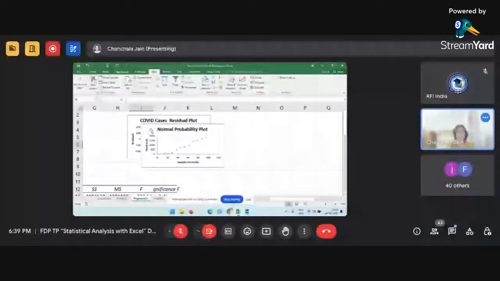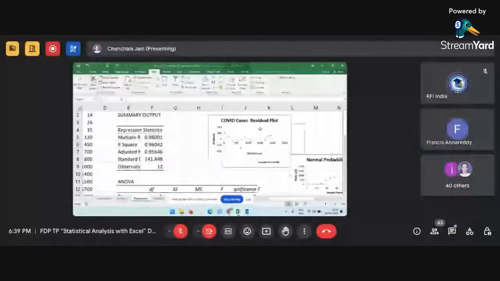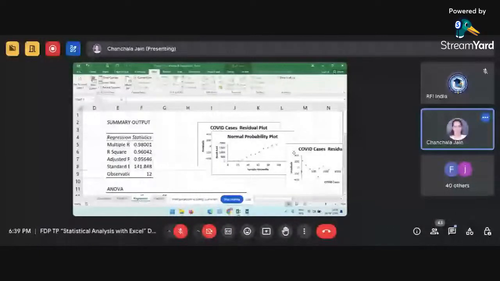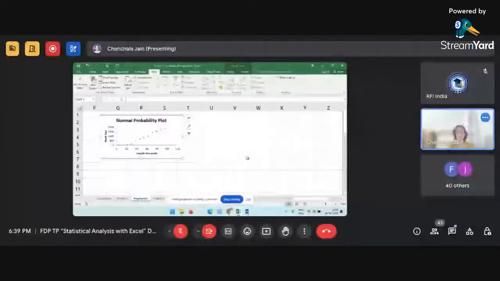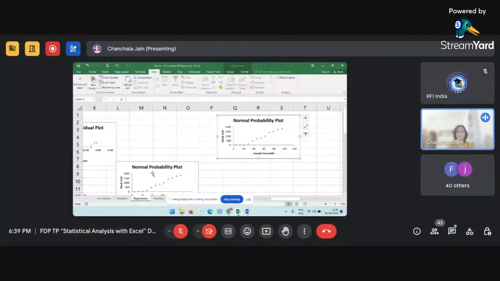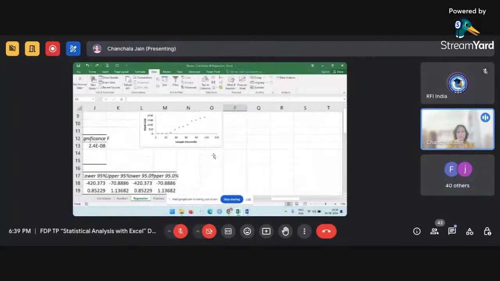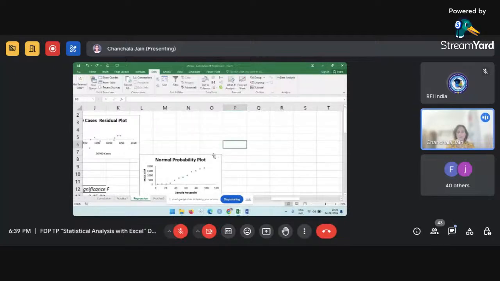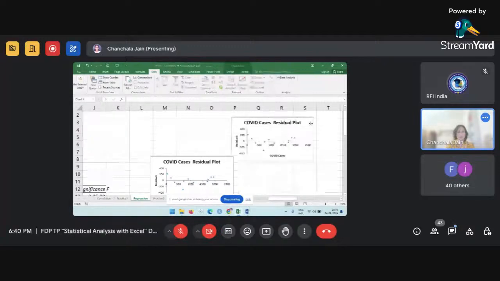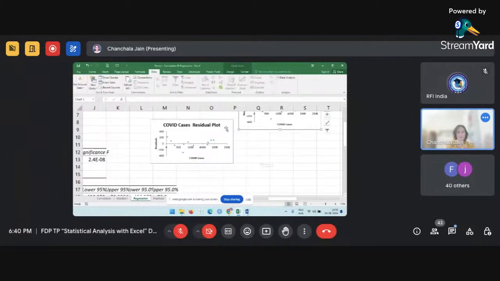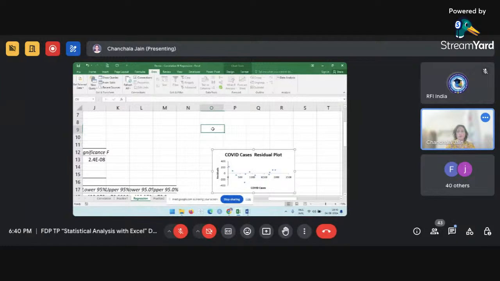I was thinking, where were these? Okay, so I don't know why these are not coming in a single view. They're coming back to back. These should be here. I don't know what is happening in my case.